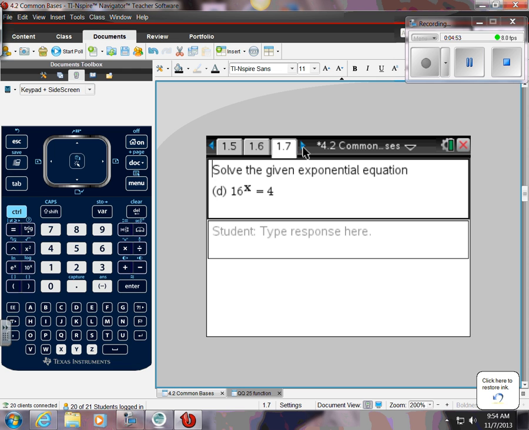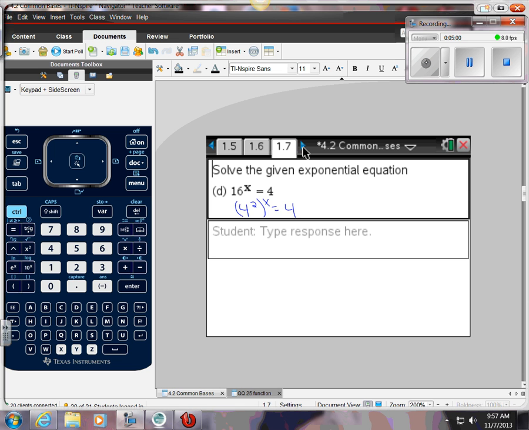Solve D. We need to find a common base. So we said our common base was 4. So our left-hand side, 4 squared raised to the x. Power raised to a power, we multiply. So our left-hand side should look like 4 raised to the 2x.